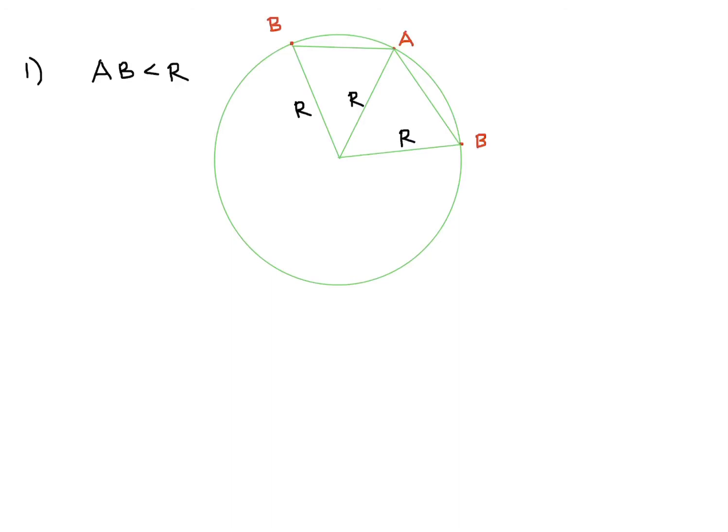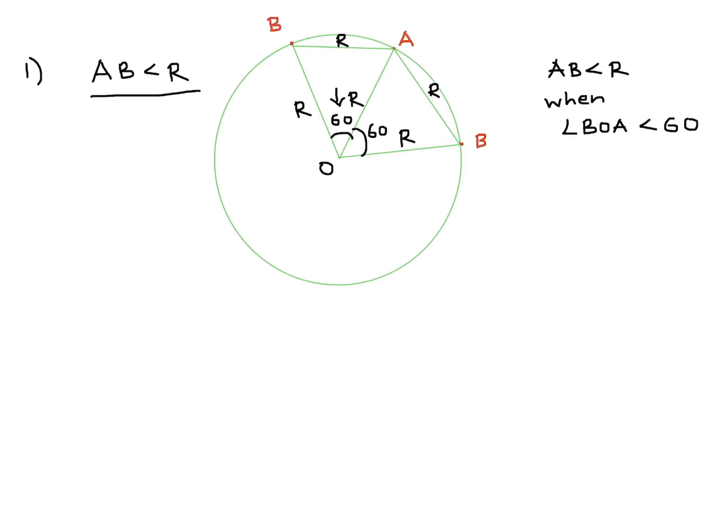AB will be exactly equal to R when this angle is 60 degrees. That angle is also 60 degrees, because that makes it an equilateral triangle. AB will be less than R when this angle is less than 60 degrees. So written out, AB is less than R when angle BOA is less than 60 degrees.